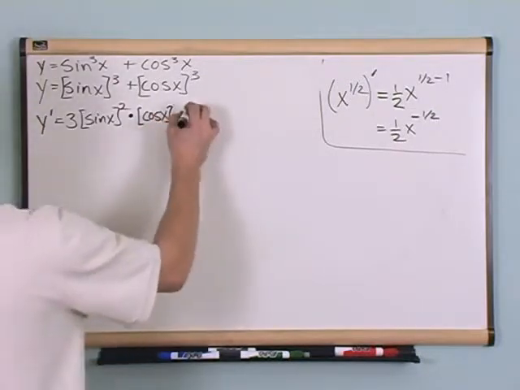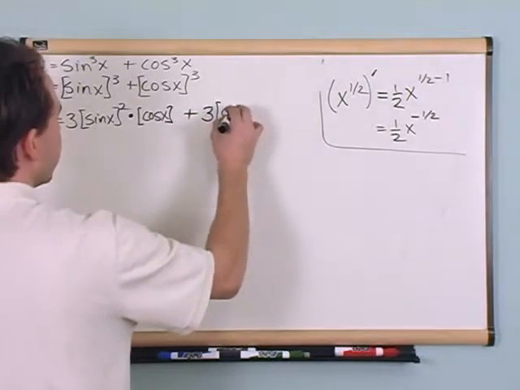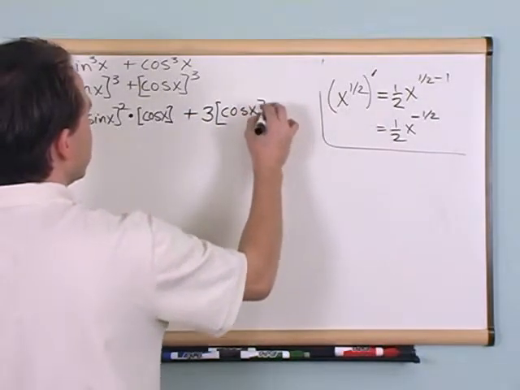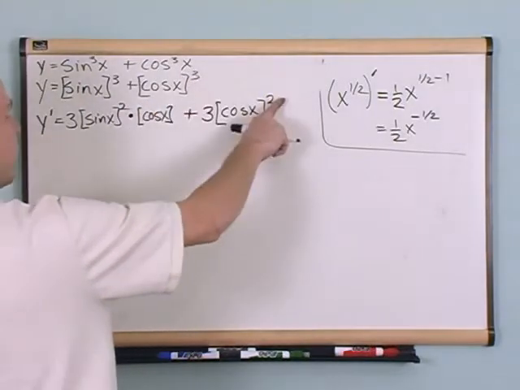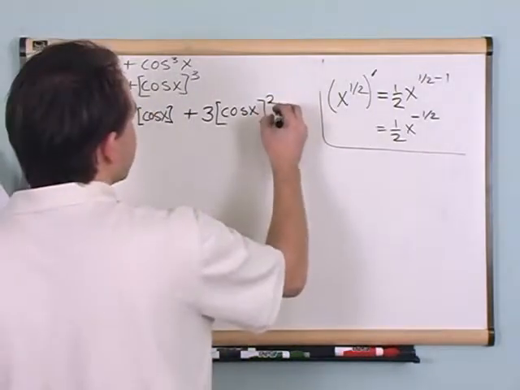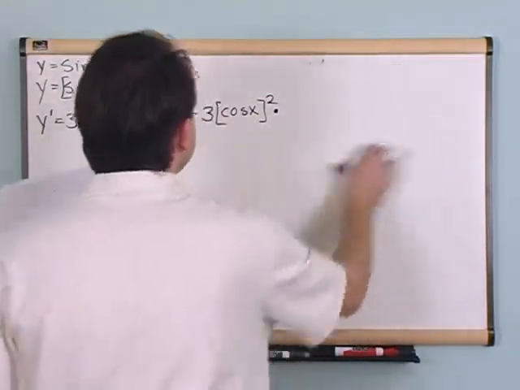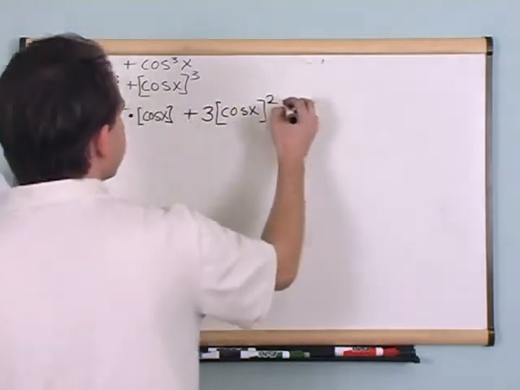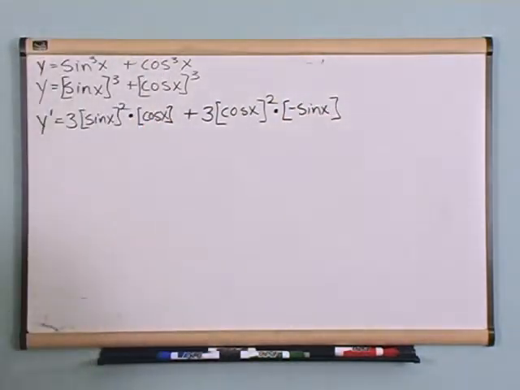Okay? Now I've got to deal with the second term, and it's going to be very similar. I'm going to have 3 times the cosine of x to the second power, pull the 3 out, write the inside down, put a 2 up at the top, but then again I've got to multiply by the derivative of the inside, and the derivative of a cosine is negative sine, like this. Okay?